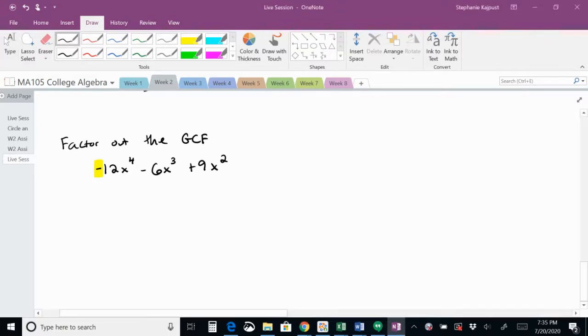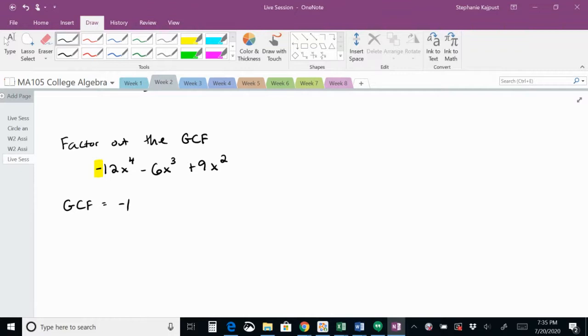So I always say, okay, my first term's negative, so my GCF is going to be negative. I always start by identifying my GCF. I know I'm going to have that negative. And then I look for the numbers. I'm going to do the whole problem because it's good practice. Preferably you want the largest number that you can divide into 12, 6, and 9.